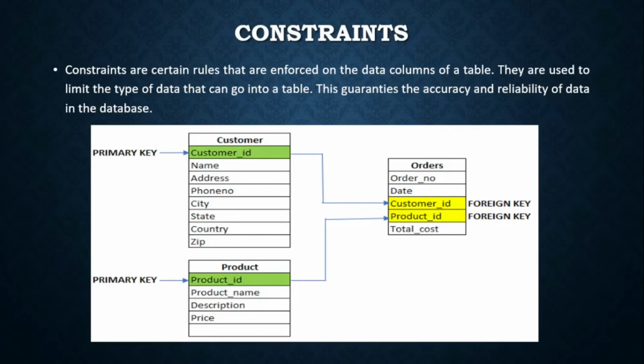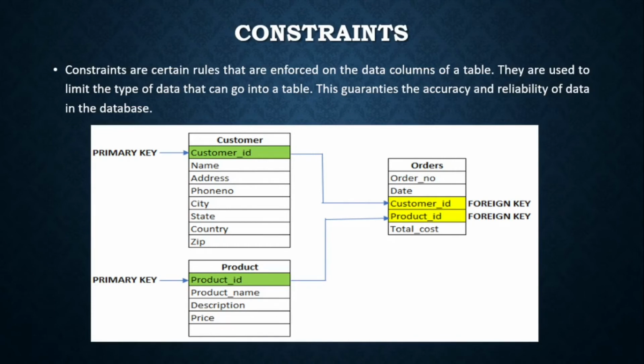So if you look at these 3 tables, for the customer table, we have what is known as customer ID, and we have other attributes of the customer. If you look at the product table, we have a product ID and other attributes of the product. If you look at the other tables as well, we have order number, date, and other attributes.